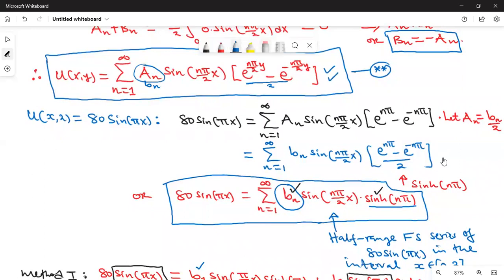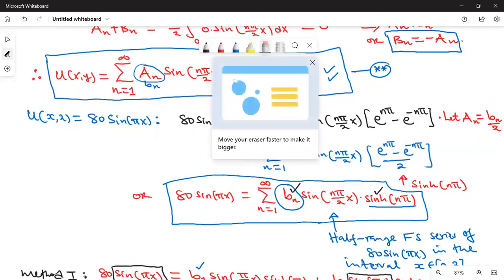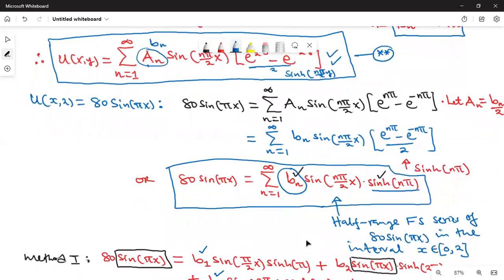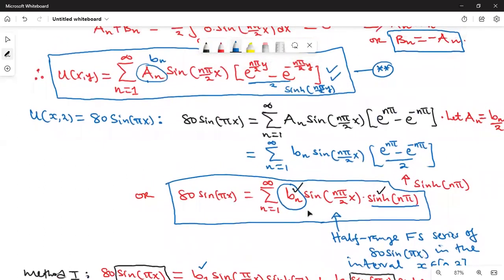Let me write this up. Just a minute. So you write this is Bn over 2. Instead of a n, we'll talk of Bn. Then the 2. So when we divide by 2, so what will be this one? This is the same as sine hyperbolic of n pi over 2y. That's what we have. Equation star star can be written as that one now. So let me write it here again.